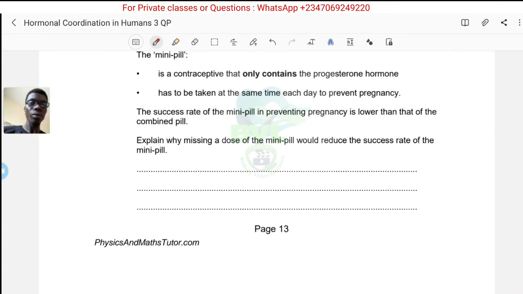Okay. With the mini pill you're using progesterone, and an increase in progesterone helps to inhibit. Inhibit means to stop some hormones from working. So now when you miss your dose, or when the person misses her dose, there is some decrease in the progesterone.